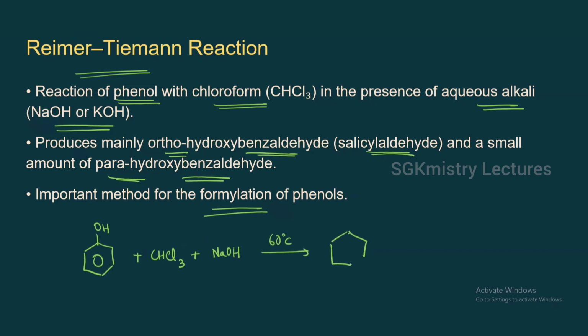So you're going to get the ortho-substituted phenol, that is the ortho-hydroxy benzaldehyde, or you can also call it salicylaldehyde. This is the major product. And the para-substituted product, that is OH and here CHO, is the minor product, right?